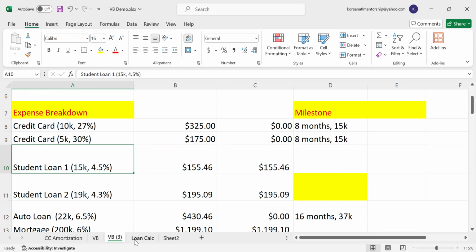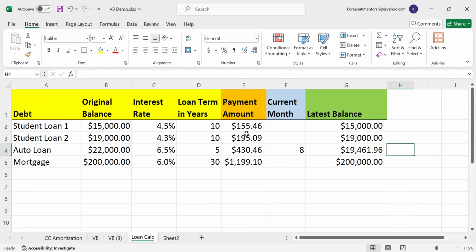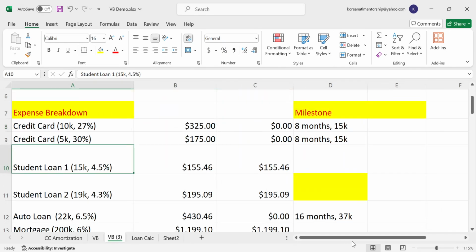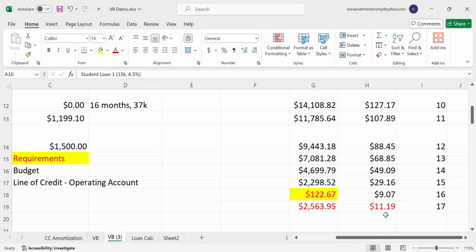So let's go to our new tab of student loan 1, 16 months. What's the current balance? 13367.24, right? So because I'm having problems copying the formula, I'll just manually type it in for now. Next time I'll figure out how to copy it. So 13367.24. So let's go ahead and move that here.